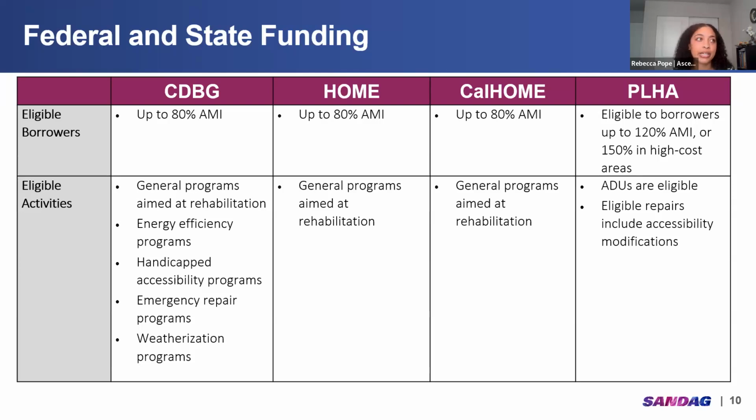So for more information, folks should definitely refer to the detailed guidelines for the specific program regulations and statutes. It's going to be very important to be clear about the activities that are eligible under your program, because it's a key piece in determining the maximum expenditures for each home.